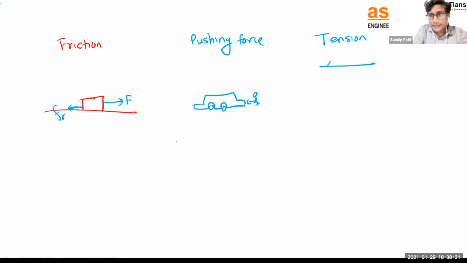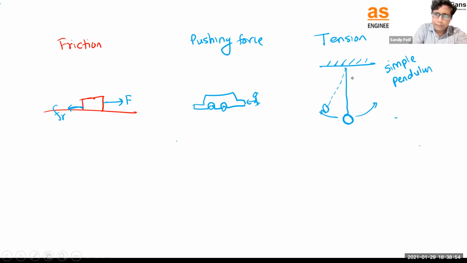You can also consider this example. There is one string and one small sphere is connected. The sphere is called a bob, and this thing is called a simple pendulum. So it is going to swing like this. It could go up to here and it will again come back up to here.